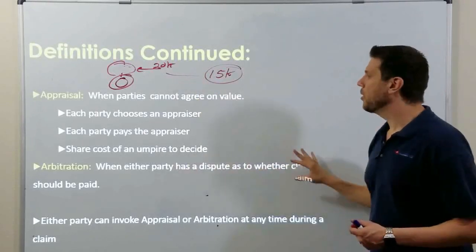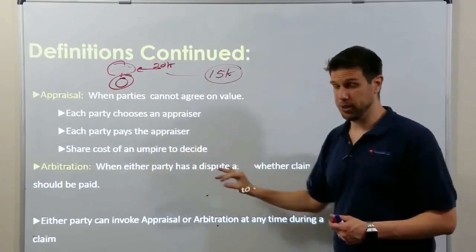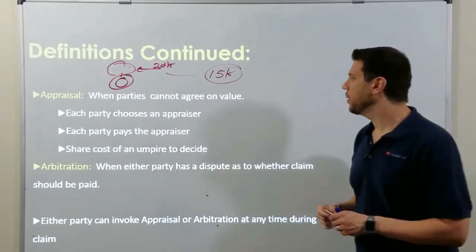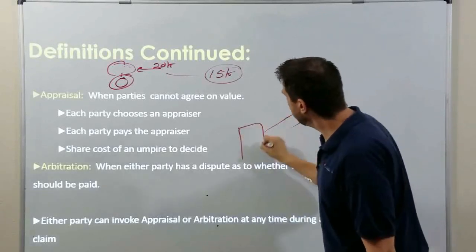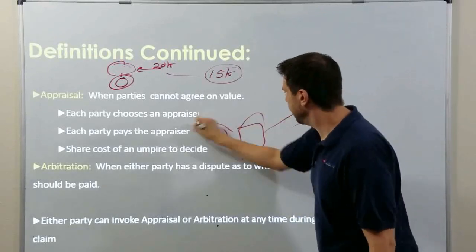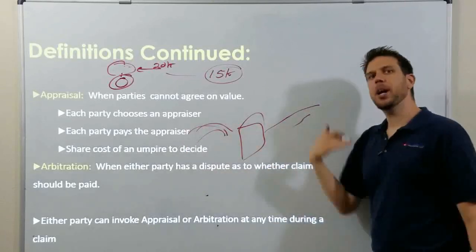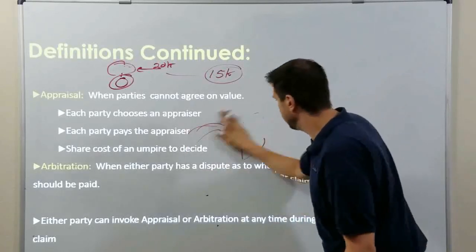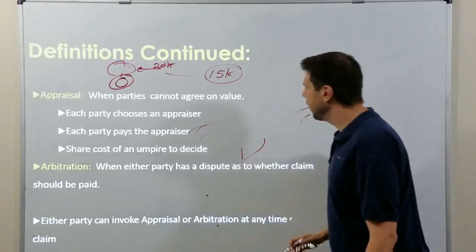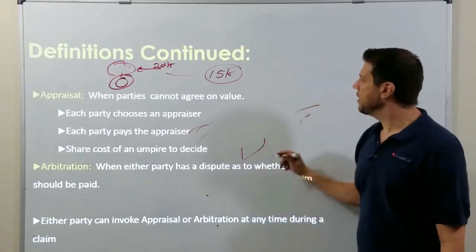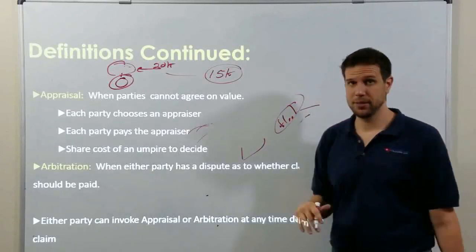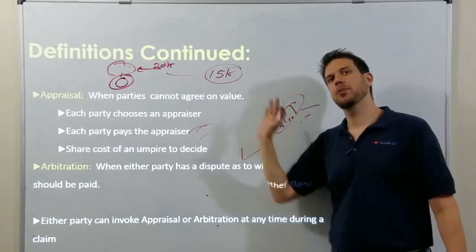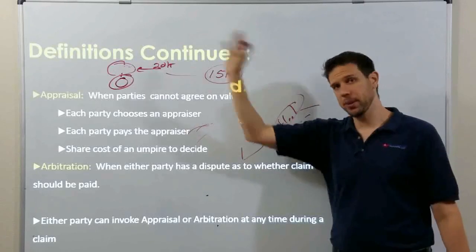Arbitration is whether or not you actually have coverage. So let's say, for example, a hurricane's coming. So you pack up your things and you leave. Then you come back and your house is gone. The insurance company is going to say that a flood took out your house because they want to push that off on the flood insurance program through the government.